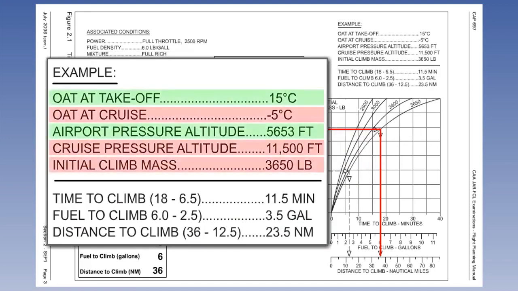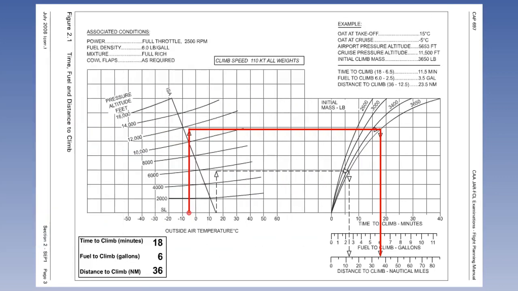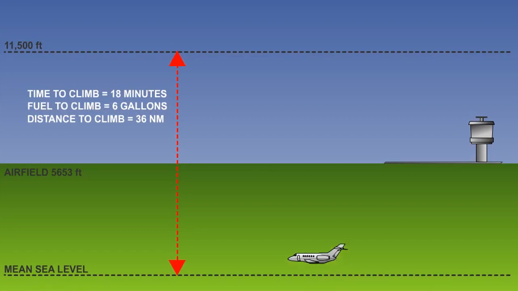Having understood how to use the graph, let us now use the full example. Instead of assuming a simple climb from sea level to 11,500 feet, we will now assume we are climbing from an airfield at 5,653 feet to an altitude of 11,500 feet.